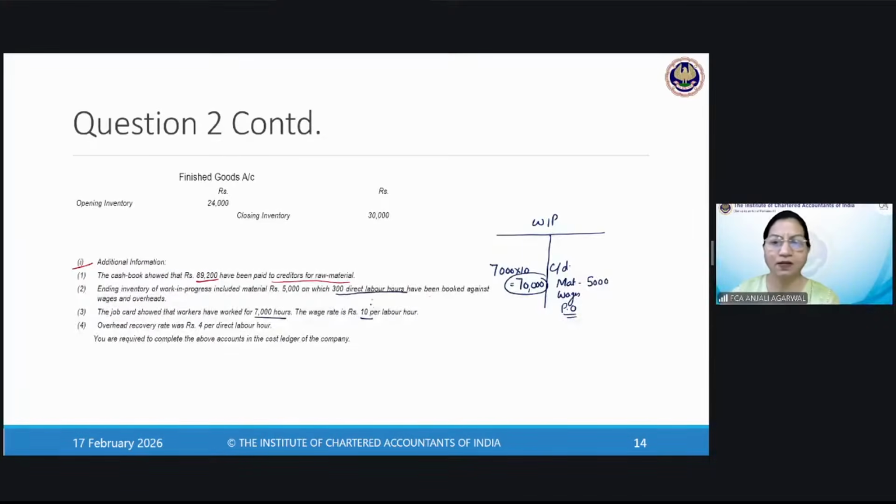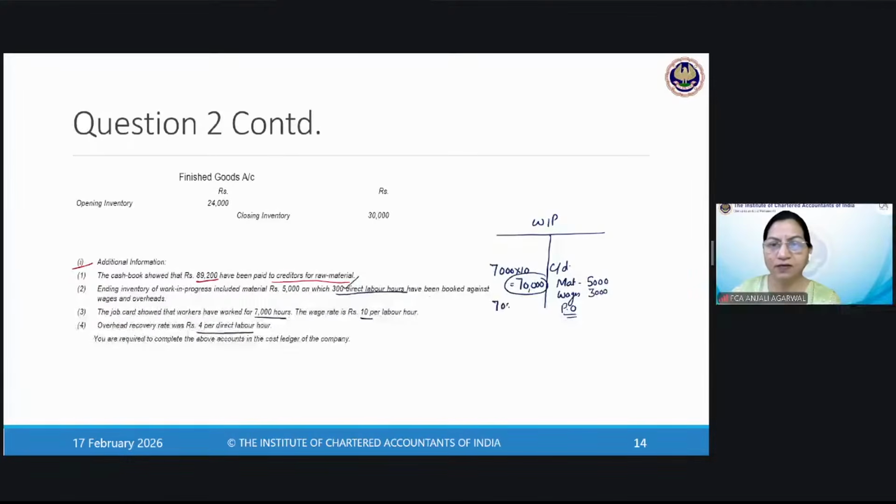Now we say that out of 7,000 labor hours, 300 labor hours is like a closing stock of WIP. So 300 into 10, 3,000 is the wages incurred on the closing stock of WIP. Then overheads are also charged to the WIP. Overhead recovery rate is 4 per labor hour.